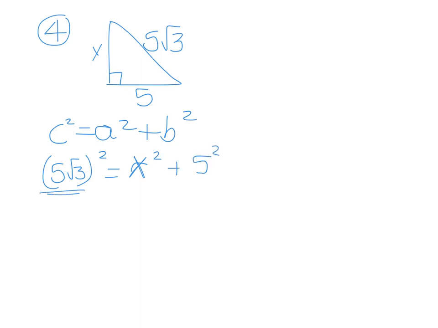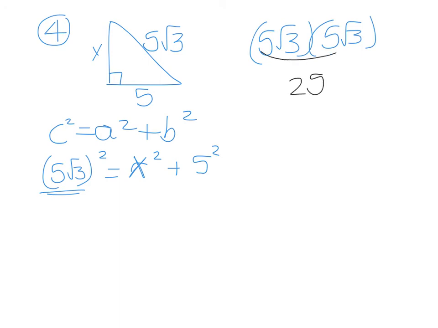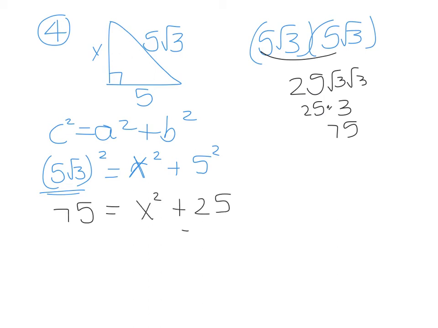I have to square 5 radical 3. So remember that means 5 radical 3 times 5 radical 3. I'm going to multiply the 5 and the 5 is 25. And rad 3 times rad 3 is just plain 3. So I'm really doing 25 times 3, which would be 75, equals x squared plus 25.